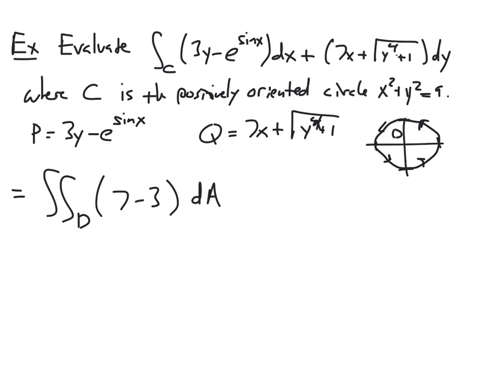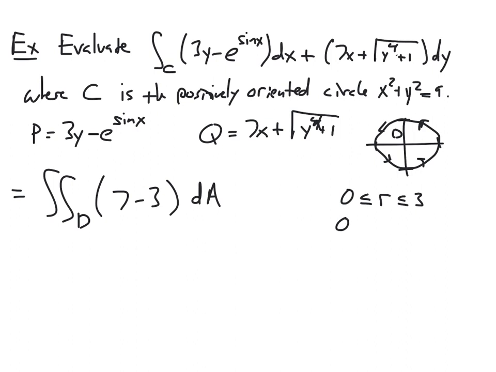Now, the next step is to write this as a set of iterated integrals over region D. However, this region is the interior of a circle, so it is best described using polar coordinates. We want the area inside the whole circle, so r ranges from 0 to 3, everything from the origin out to the circle of radius 3.